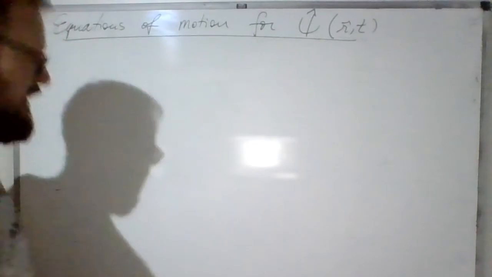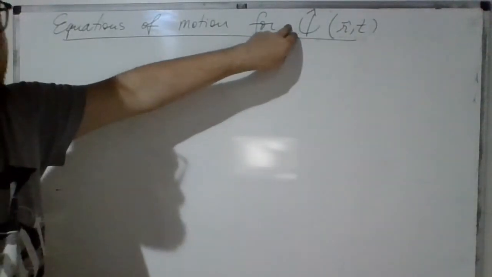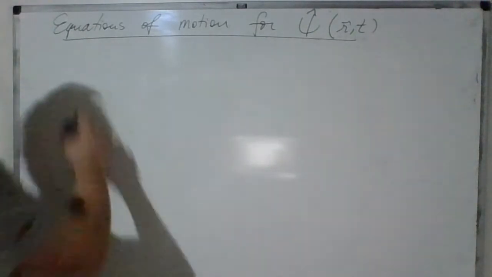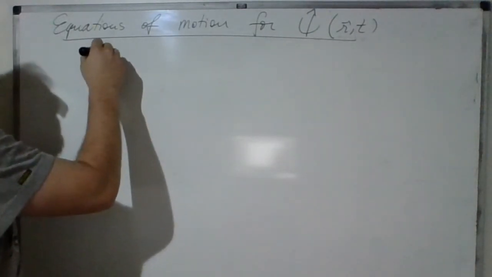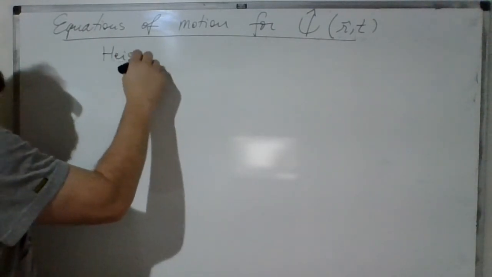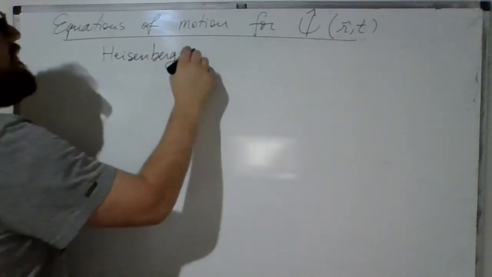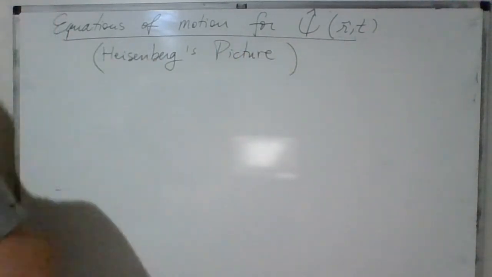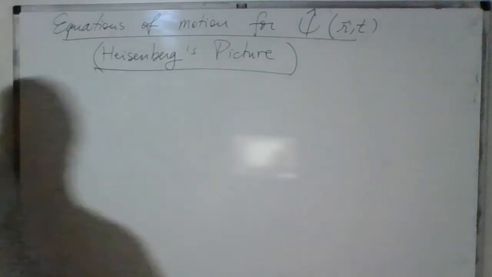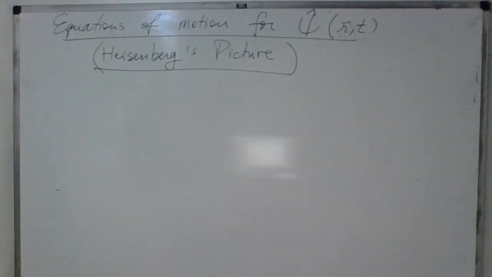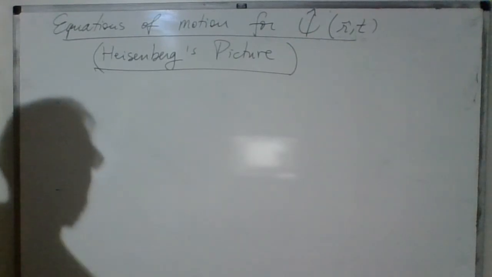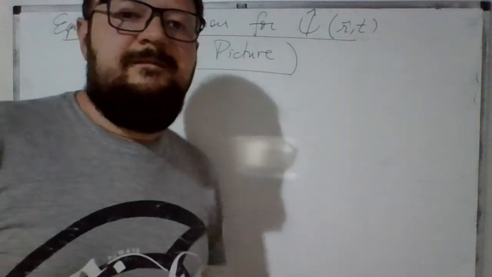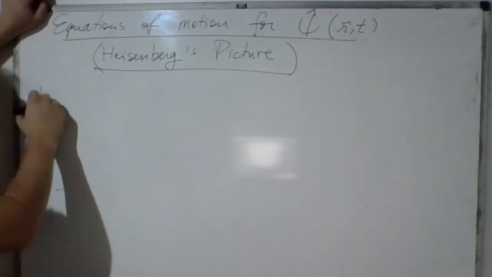Okay, and since operators evolve in time according to Heisenberg equations of motion, you need to use the Heisenberg picture to calculate this. For the sake of simplicity, you could take the Hamiltonian of the following form.